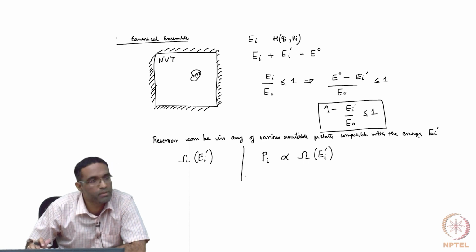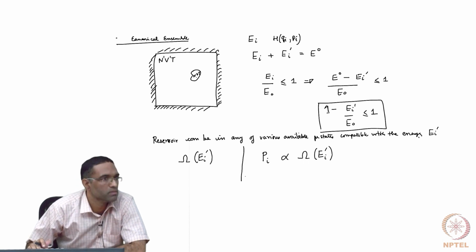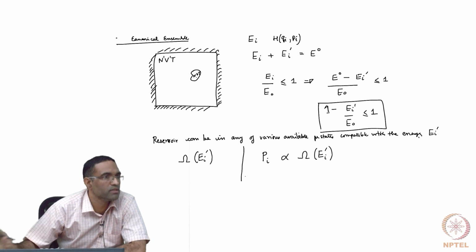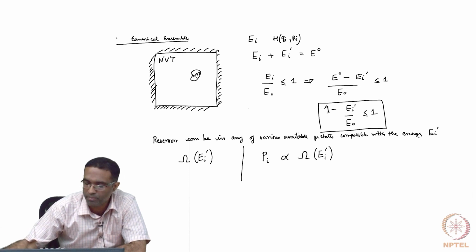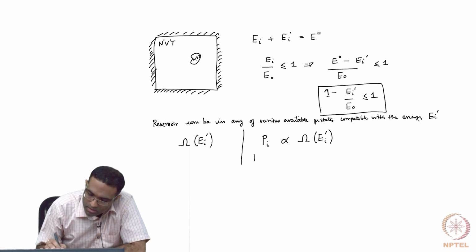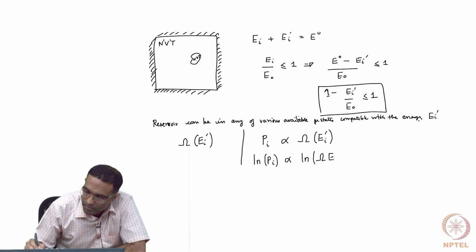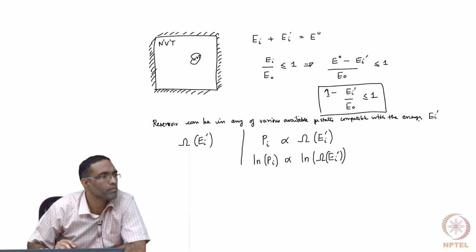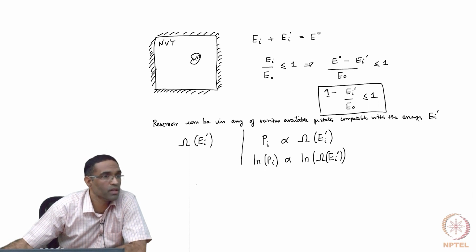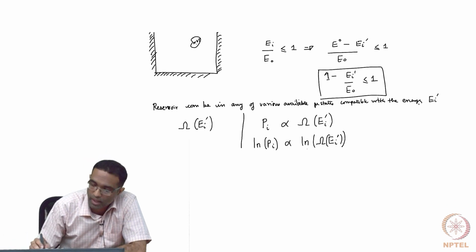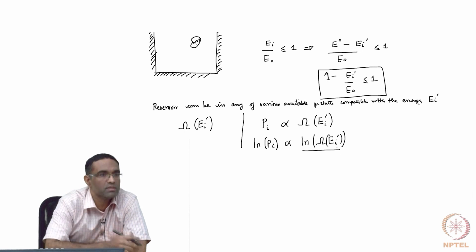And this EI prime, remember, is extremely close to E naught because of the sheer size of the reservoir. For the purposes of getting specific thermodynamic quantities, I am going to write it as the logarithm, which is the same. I have just taken a logarithm on both sides. Now I can expand this quantity about E naught.